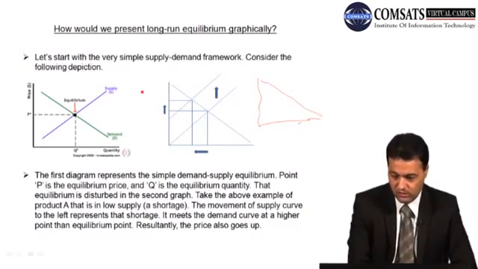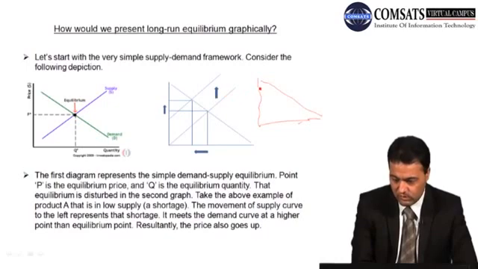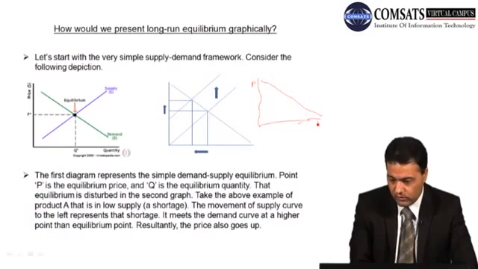Suppose for the sake of argument that I am intending to buy a certain quantity at a certain price. Suppose this is the price on the y-axis, and the horizontal axis is the quantity. Perhaps I should write it down over here. This is P, the price, and this over here is Q, the quantity.